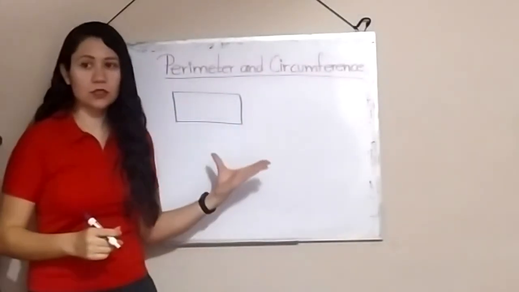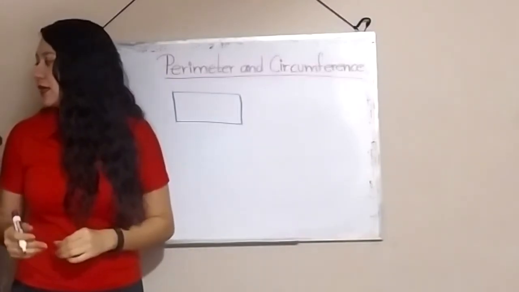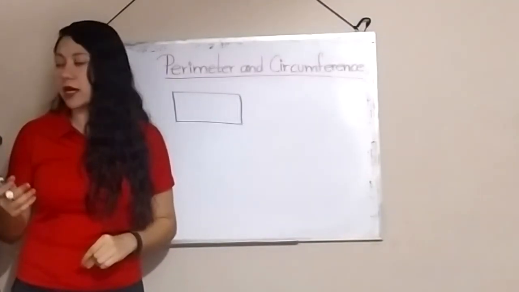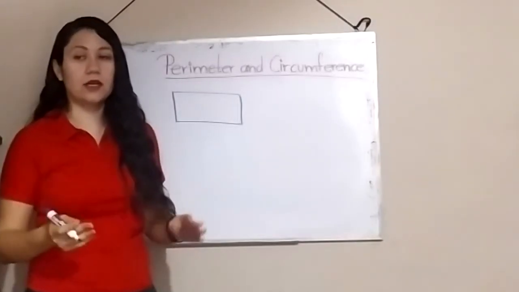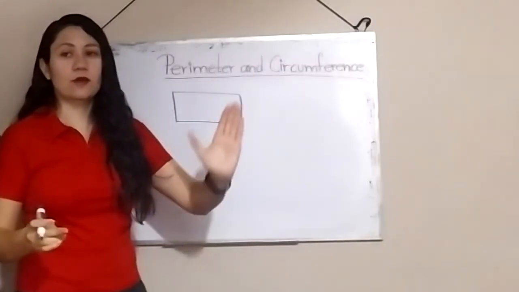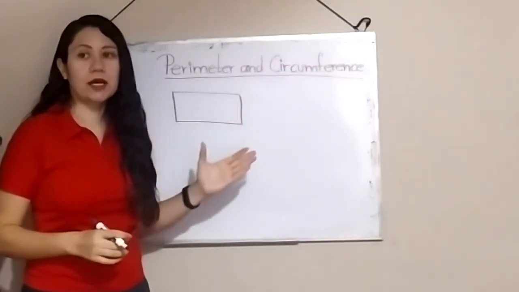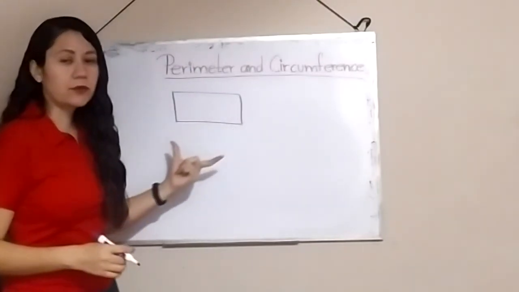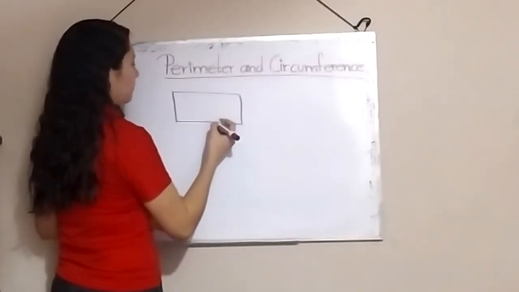Okay? So we have a rectangle and it says that the length is twice its width. So the length is in function of the width. We are going to take as our primary variable the width because we don't know it.